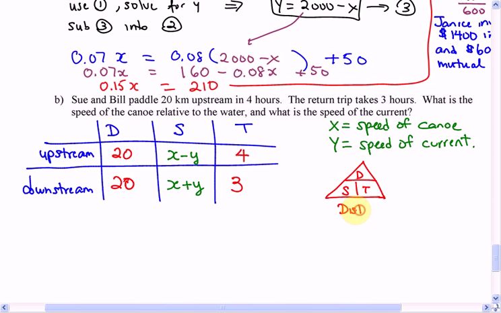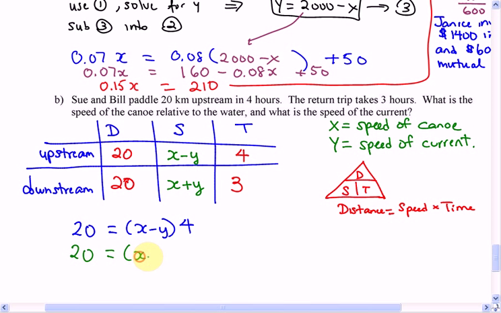With that knowledge, you should be able to come up with two equations. The equation going upstream would be distance 20 equals speed x minus y times 4. And then downstream, distance equals speed x plus y times 3.